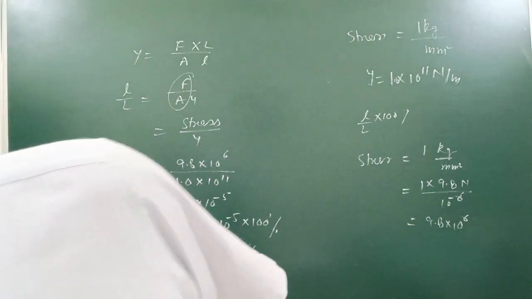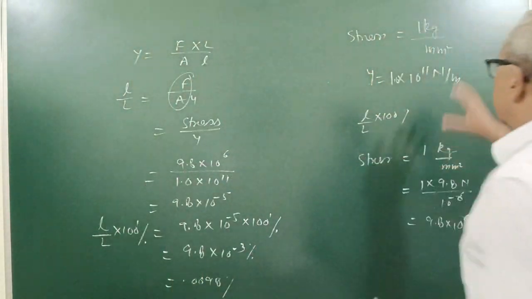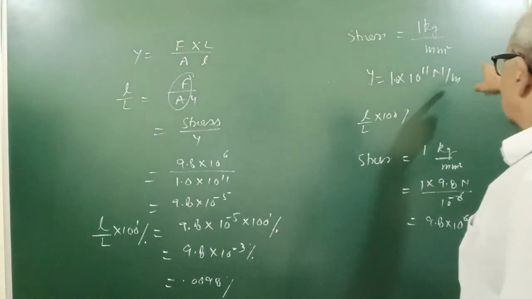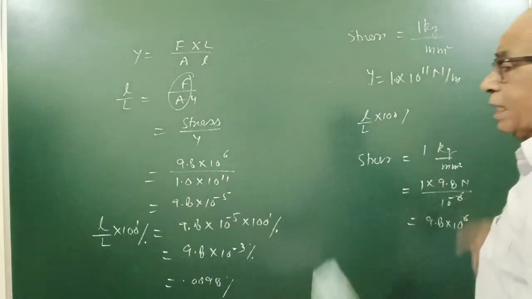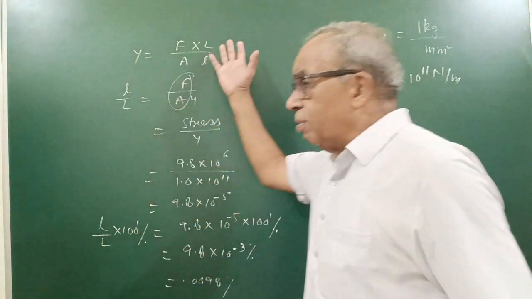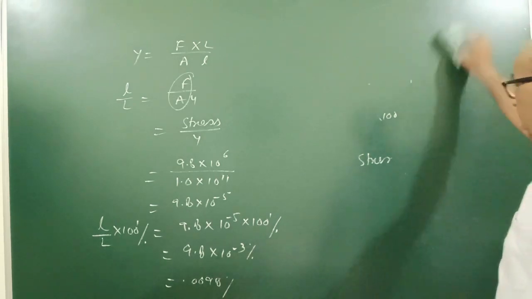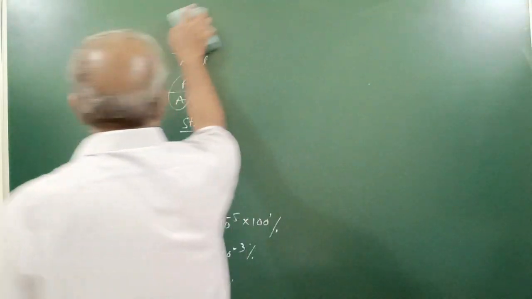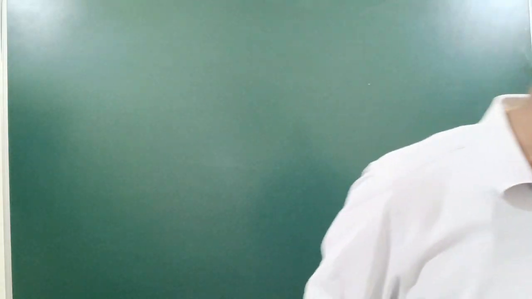The next question is similar: stress applied across a wire of given Young's modulus, find the percentage increase in length. It's a simple question. Actually I am introducing how to solve problems, nothing else. I will do some concept questions later on.